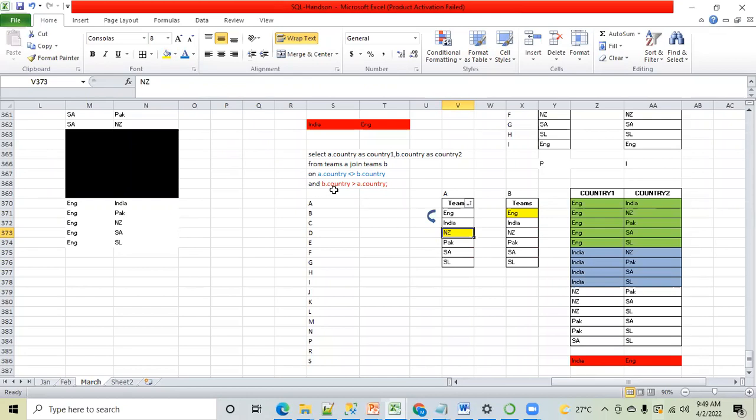So this is the use of this condition, B.country greater than A.country, so that all the successive records will be joined with this. Is this clear? Anyone who wants me to repeat this, please feel free. If you want, I will repeat this again.